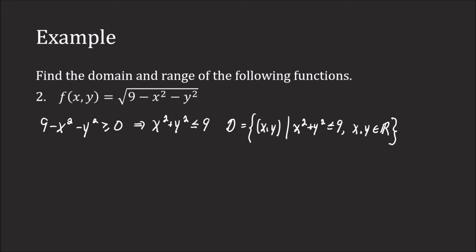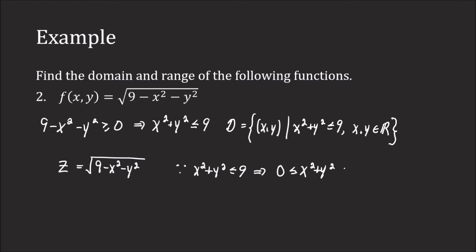So again, to determine range, set z equal to f of x y. Since we already know that x squared plus y squared must be less than or equal to 9, we get that 0 is less than or equal to x squared plus y squared, which is less than or equal to 9, because x squared plus y squared would always be positive.